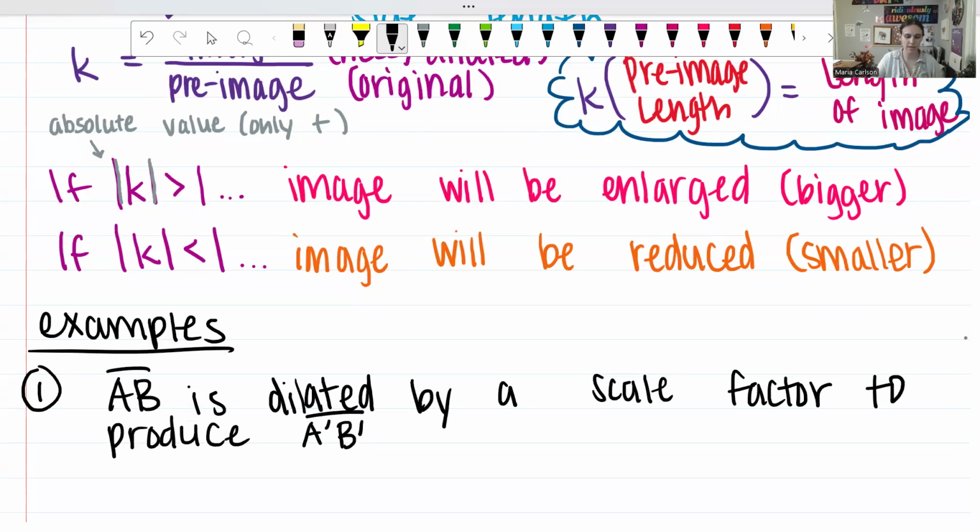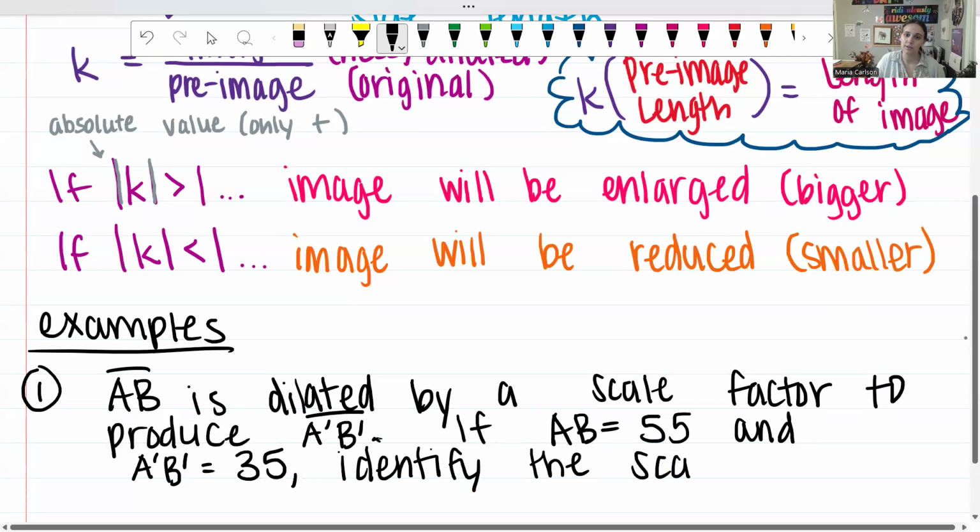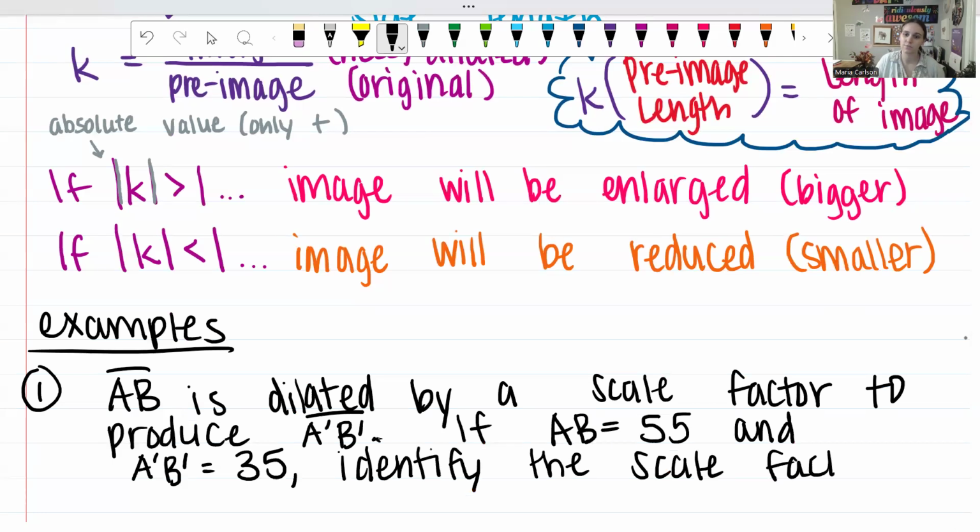So this copy, A prime B prime. If AB is 55 and A prime B prime is 35, identify the scale factor. And we really want to find the scale factor in simplest form.